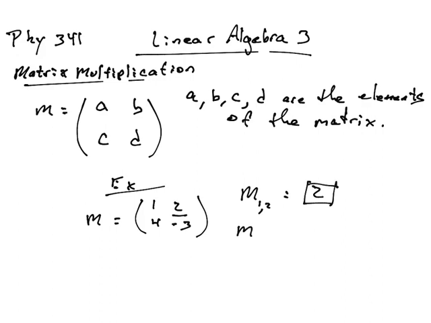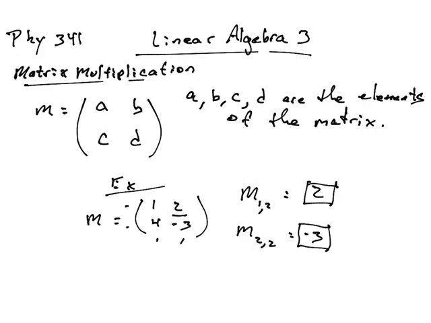Matrix element 2, 2, that's the second row, second column, and that would be -3. Okay, and that's just notation, right? You have a matrix that contains a bunch of elements. The matrix might be a square matrix where the number of rows is equal to the number of columns, or it might not be, whatever. And when we want to pick out a particular element, we say it's the row, comma, column element.